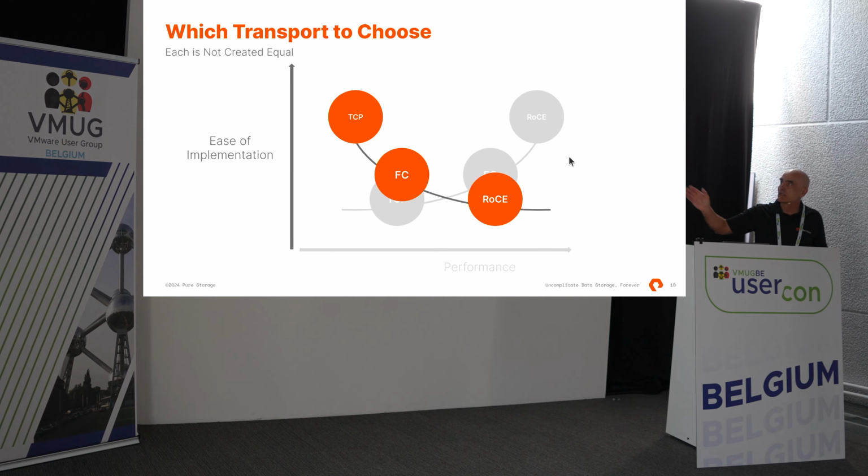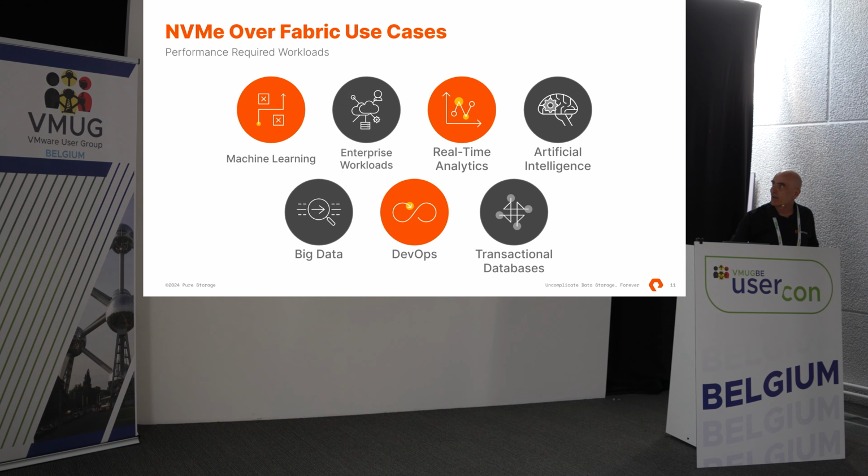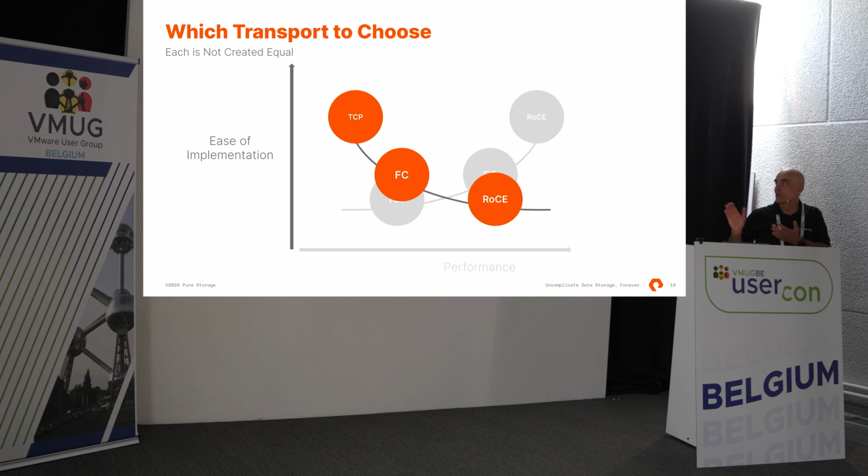And of course, the ease of implementation goes the opposite way: RoCE is the hardest to implement, TCP is the easiest, but you can have a mix. You can choose whatever fits your needs in terms of performance, ranging between the three different implementations.